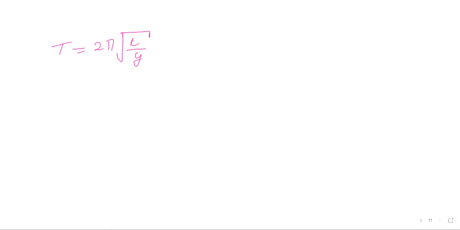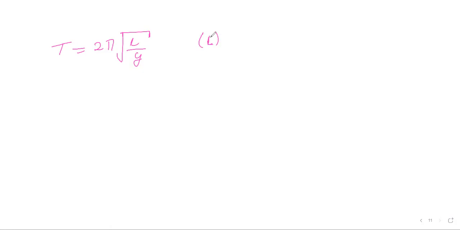All right, I want to make L the subject. Follow me. If I want to make L the subject here, which of the terms do I have to move first?